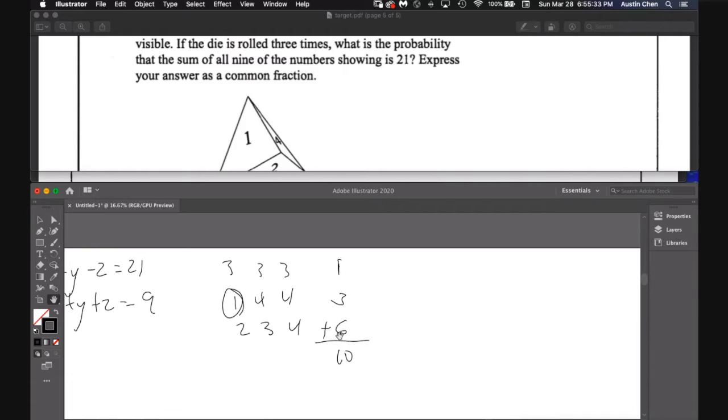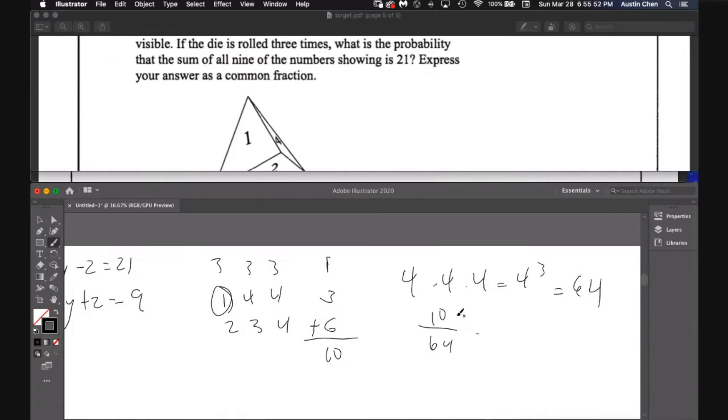How many are possible? Well, we have 4 numbers that are possible on each die roll. If we roll it 3 times, then we multiply this 4 three times, or we can say this is 4 cubed. So 4 cubed is just 64. So then our probability will be 10 over 64. We can simplify this to 5 over 32, and that will be our answer.